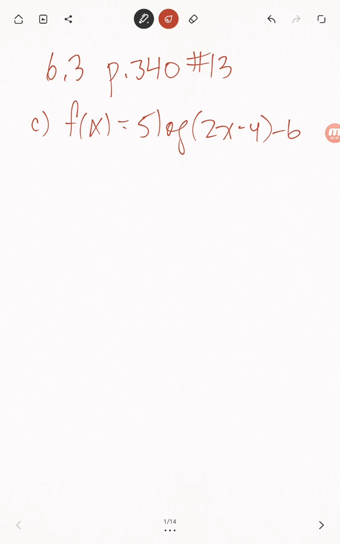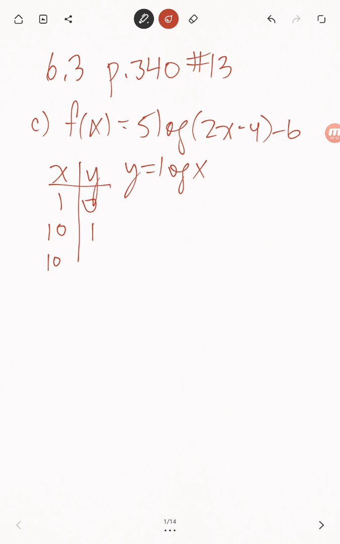So in the activity before watching these videos in this lesson, you should have used the Desmos graphs to get a table of values for y equals log x, our basic log function, and we can use 3 anchor points from that one because the points are kind of far apart.